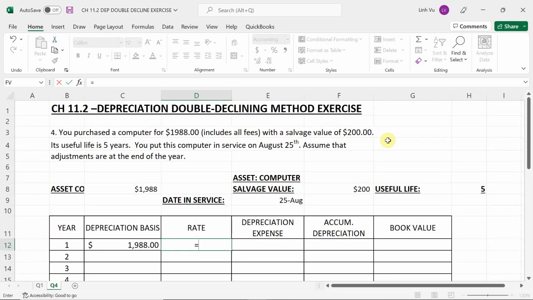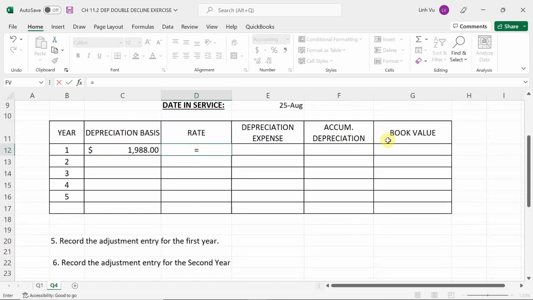Okay, but that's not the same as the rate. That's how many months I need to adjust my expense, but that's not my rate.